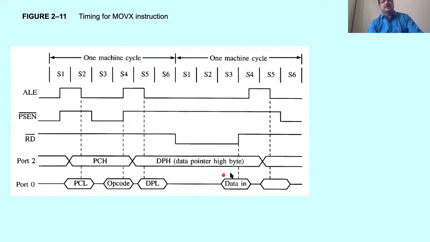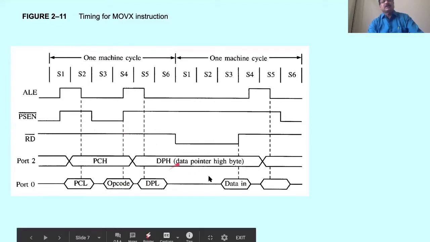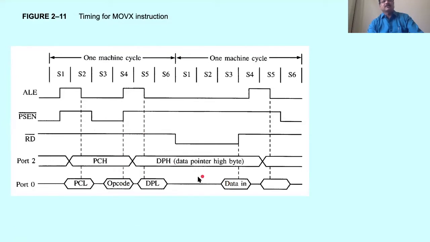So DPH and DPL are the data pointer contents, and that is how the data is read. That shows the timing diagram for the MOVX instruction, specifically a read operation.